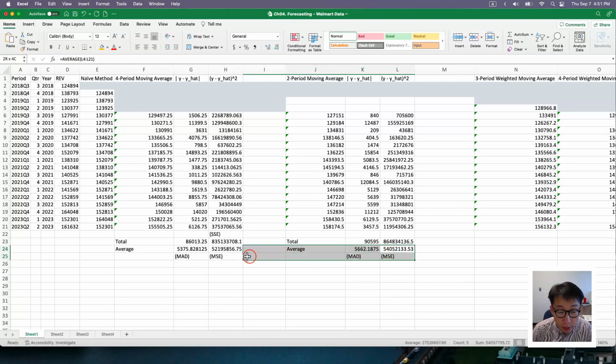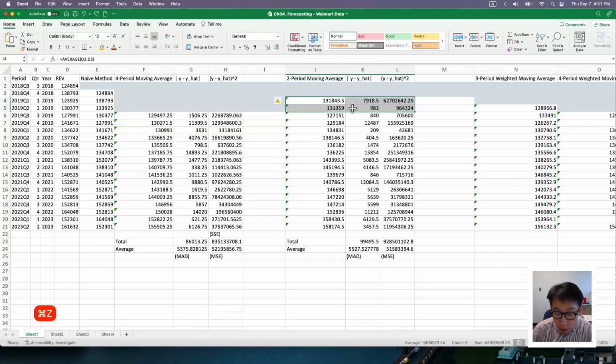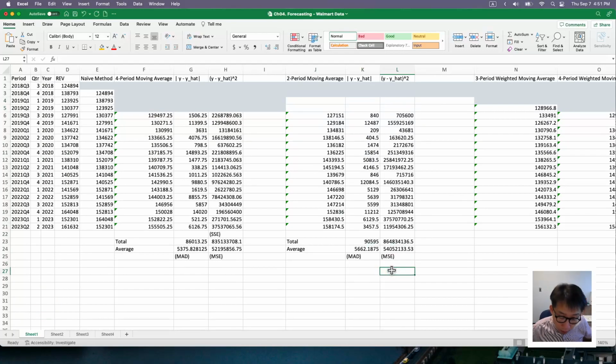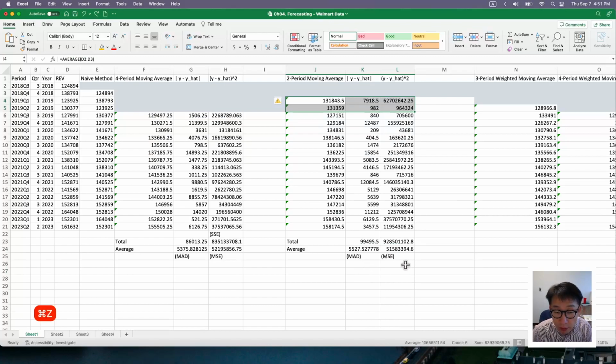Now you can see that the prediction under 4-period is much better than the prediction under 2-period, judging from the MAD and MSE. Now they're consistent. I think the inclusion of those leading 2 periods complicated our conclusion, but this is more straightforward.